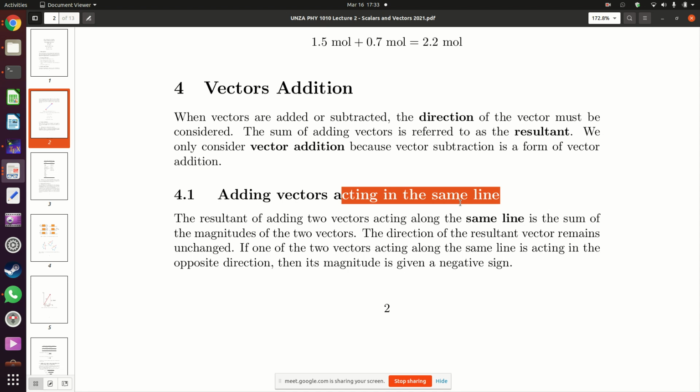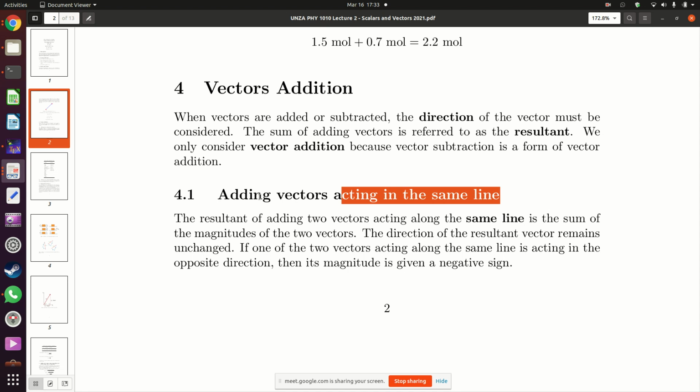Are we clear on this idea of acting in the same line? Yes, sir. If you have a bunch of vectors, two vectors, three vectors, then the direction of these vectors is parallel. Okay? These vectors are parallel to each other.